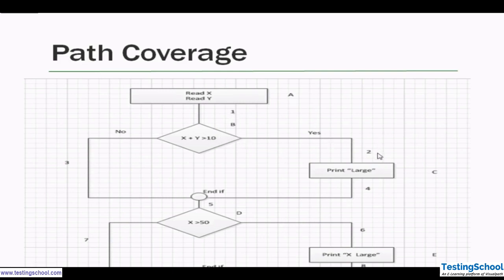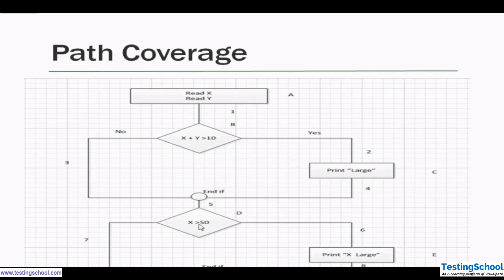If it is yes, then it is the second statement. And if x plus y is not greater than 10, then it goes to the third statement. And if x is greater than 50, then it moves to x large, so it has the sixth statement, and vice versa.